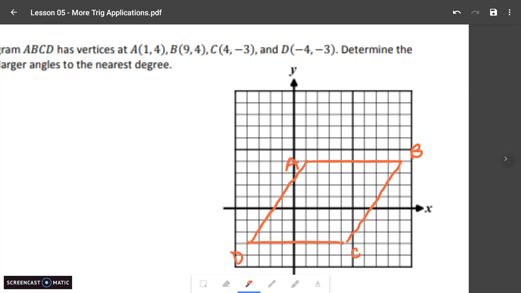Now keep in mind, we definitely can tell it's a parallelogram just by the look of it. With this unit, we want to find an angle measure.